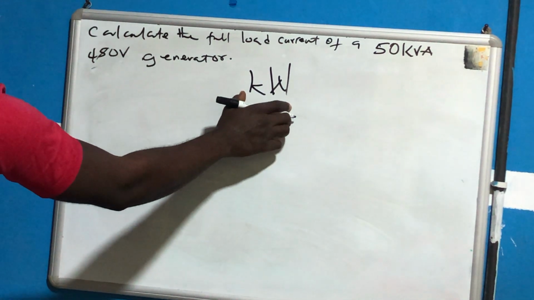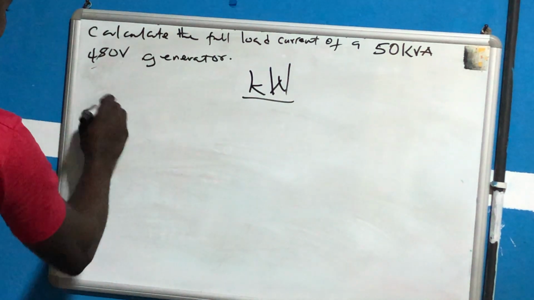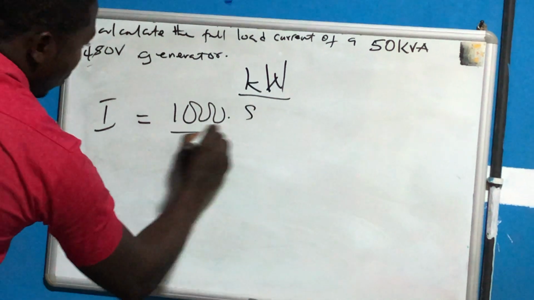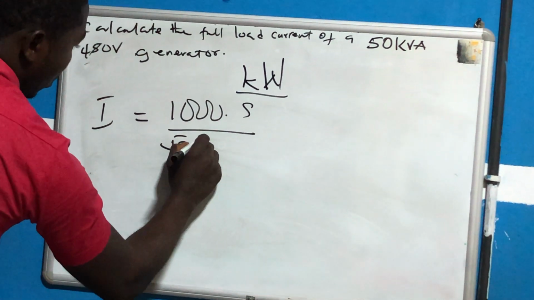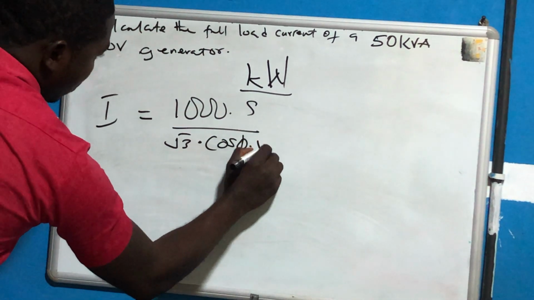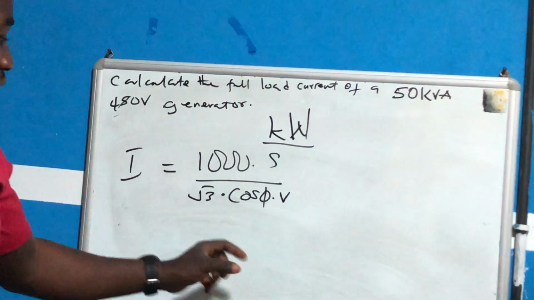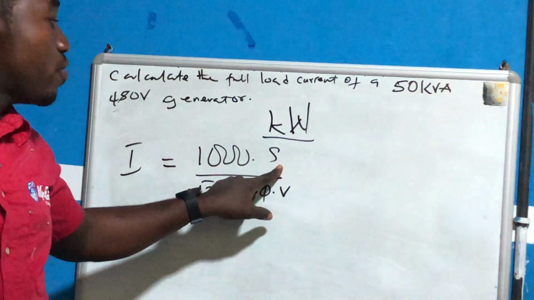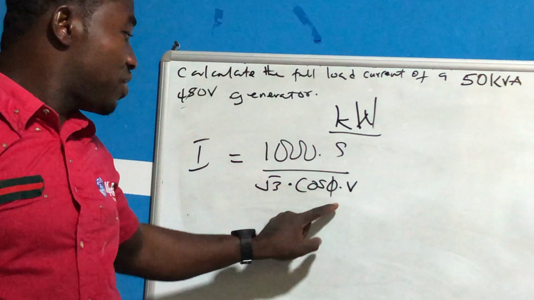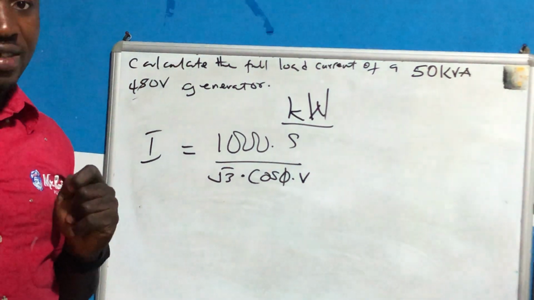I is equal to 1000 dot S over square root of 3 dot cos theta dot voltage. As I explained in the other formula, the S still remains for the rating, the V is voltage. Here the cos theta is the power factor of the generator set.